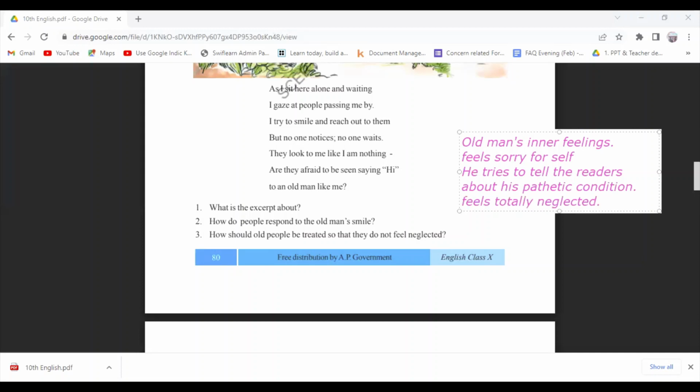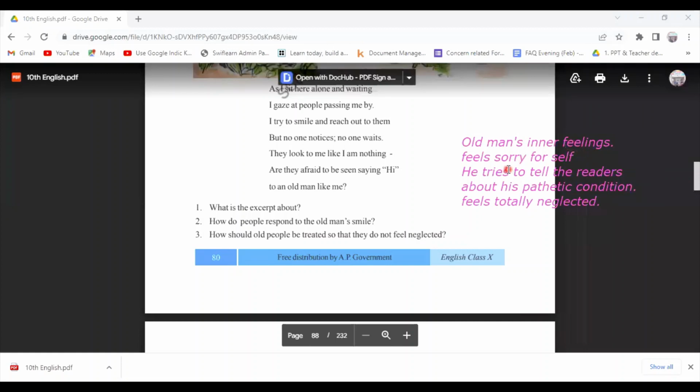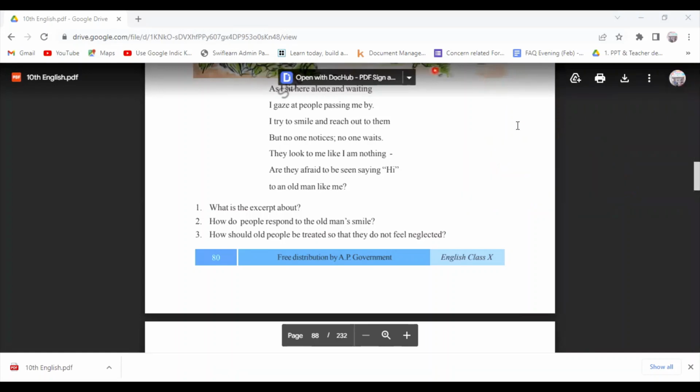If I tell you the answer once again: the excerpt is about an old man's inner feelings. He feels sorry for himself. He tries to tell the readers about his pathetic, sad situation, where he also feels that he is totally neglected. Nobody has time to spend with him.